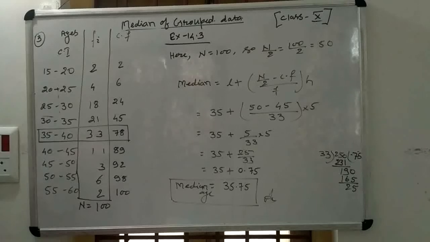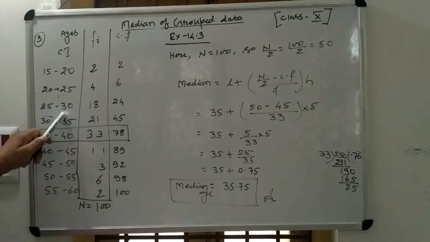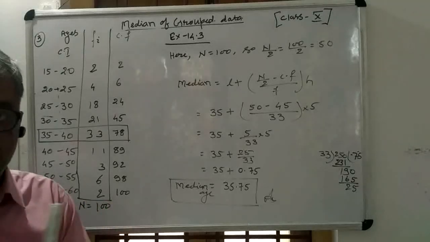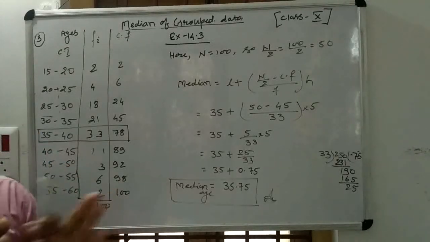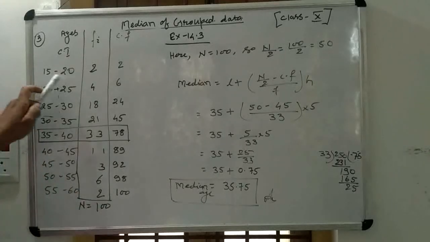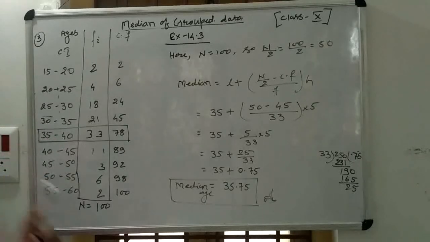In question number 3, children, the series is given in the below form: below 20, below 25, below 30. So there is a difference of 5. So we make it in the form of class groups. So we have written 15 to 20, 20 to 25, 25 to 30, 30 to 35, and so on.